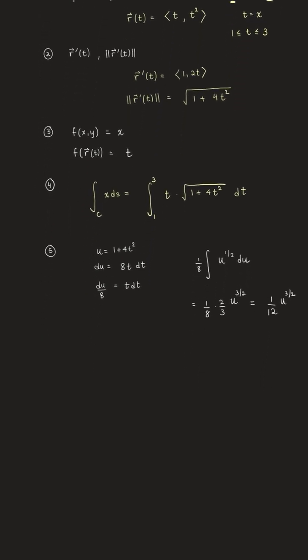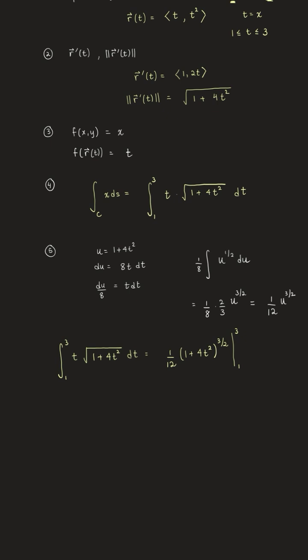Now, if we go back to our actual integral, we have that the integral from 1 to 3 of t root 1 plus 4t squared dt will be 1/12, and our u was 1 plus 4t squared, raised to the 3/2, from 1 to 3.